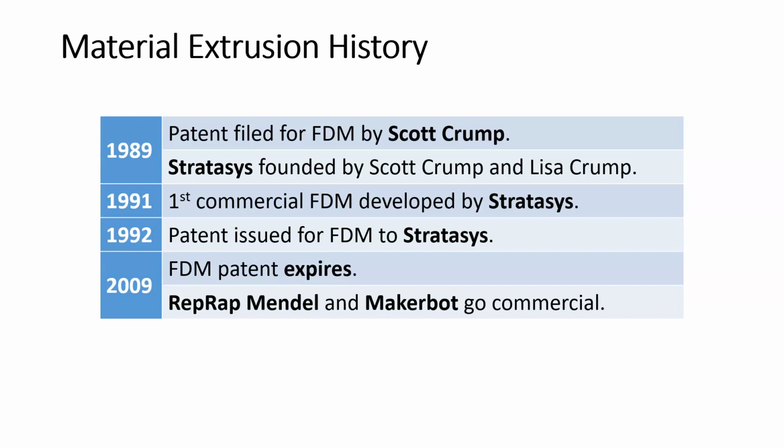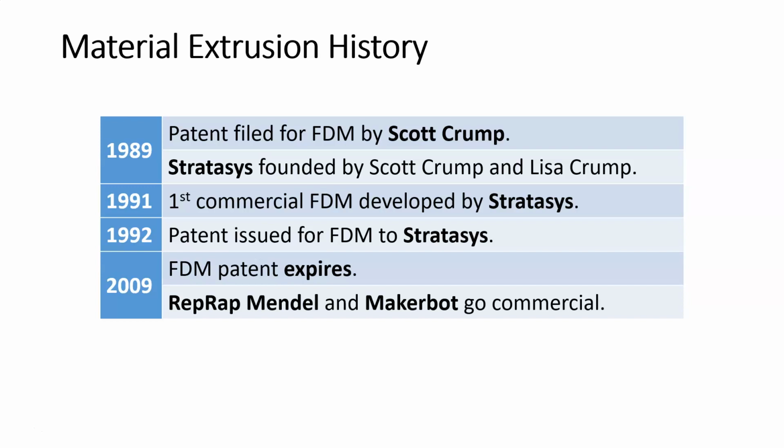Okay. Now, and this is really important. In 2009, the FDM patent expired. And what that means was that in 2009, all the other companies that were waiting to get into the 3D printing market but could not, because Stratasys held the patent for this process, that's when the industry exploded, really, with 3D printers, and especially home 3D printers.